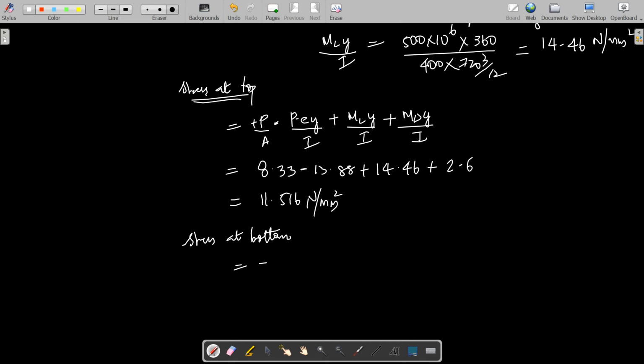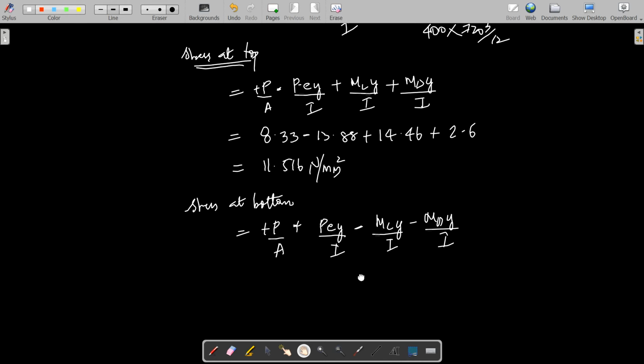Similarly, if you write the stress at the bottom, you have plus P by A plus P into E into Y by I minus M L into Y by I minus M D into Y by I. It is exactly opposite to that of your stress at the top.